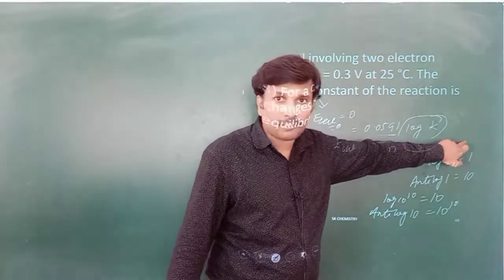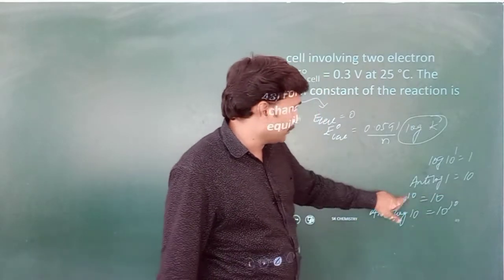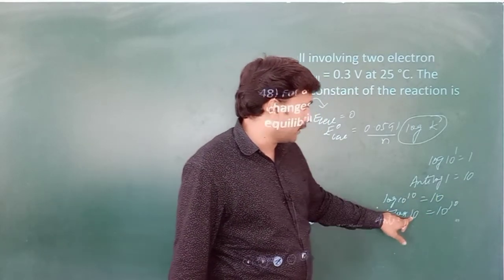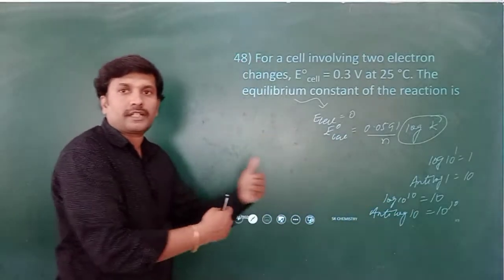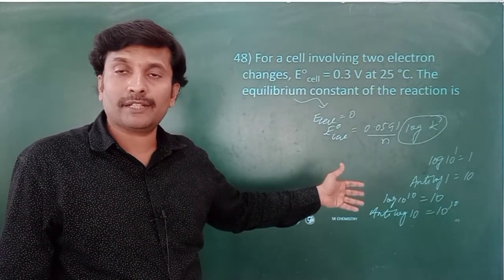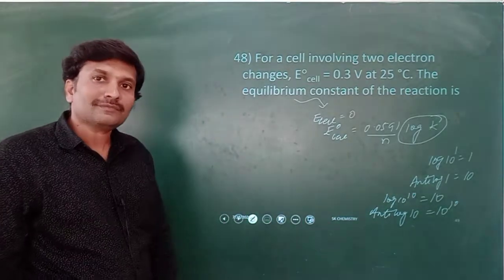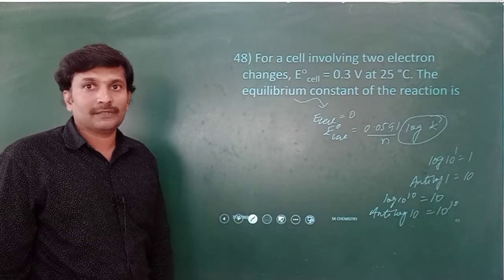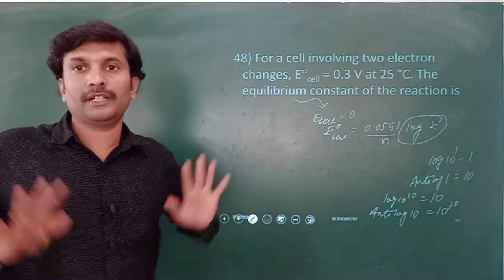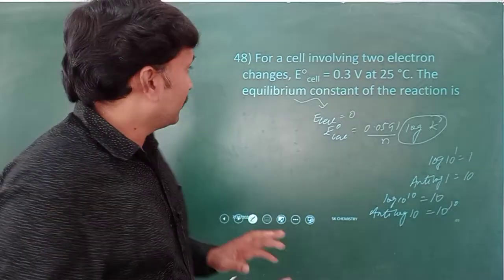Just reverse. See the questions. I am not telling it is going to come like this only, but if you see previous year, it is like that. Please remember, based on previous year only, we are discussing this. Understood?